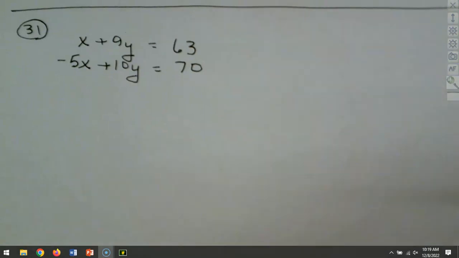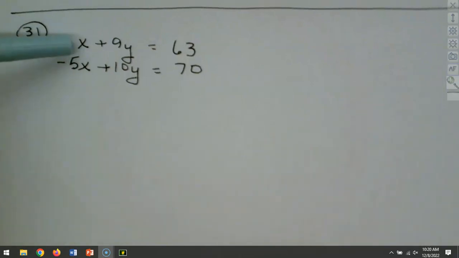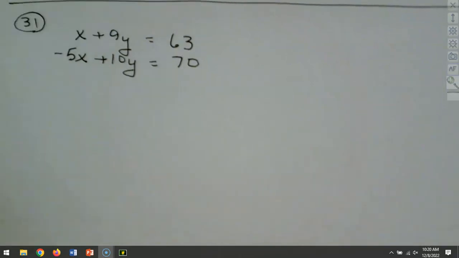Which variable do you think I would eliminate? Can someone tell me and have any idea which variable would I eliminate? X or Y? Which one do you think would be easier? X. Okay, someone said X. Now, why would you want to eliminate X and not eliminate Y? X just has a 5 and a 1, right? Now, what about Y? 9 and 10.